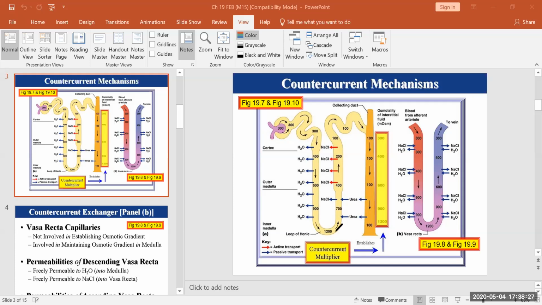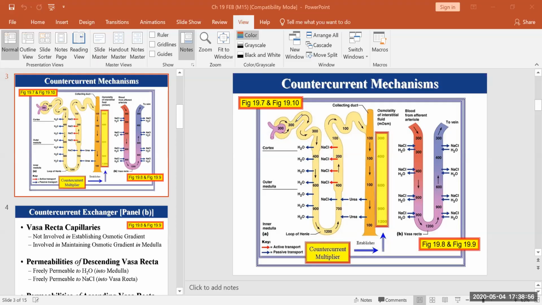So that loop of Henle is extremely long. The black arrows are basically showing you the renal filtrate. So you have here blood plasma goes in. That's the glomerulus. Blood plasma is filtered, and the black arrow comes out. That's the renal filtrate. It is leaving the renal corpuscle.